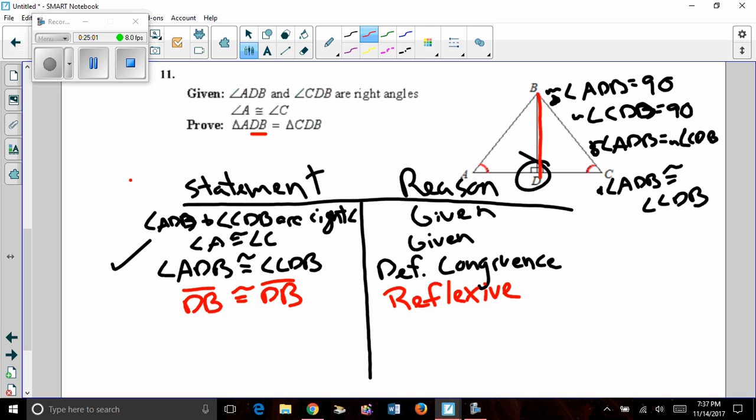So I have an angle, and a side. Therefore, triangle ADB is congruent to triangle CDB by angle, side.